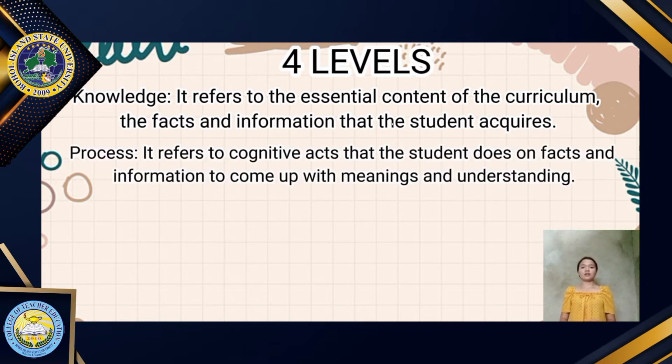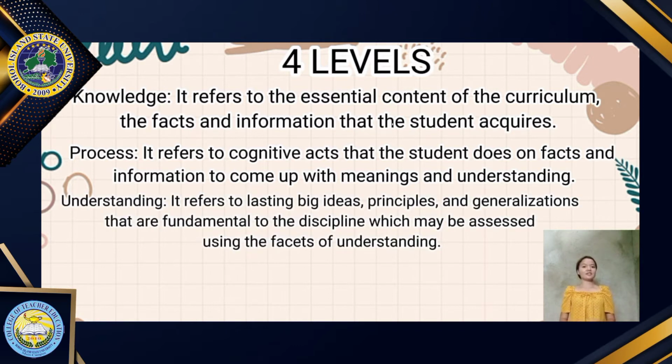It refers to cognitive acts that the student does on facts and information to come up with meanings and understanding. Third, understanding. It refers to lasting big ideas, principles, and generalizations that are fundamental to the discipline, which may be assessed using the facets of understanding.